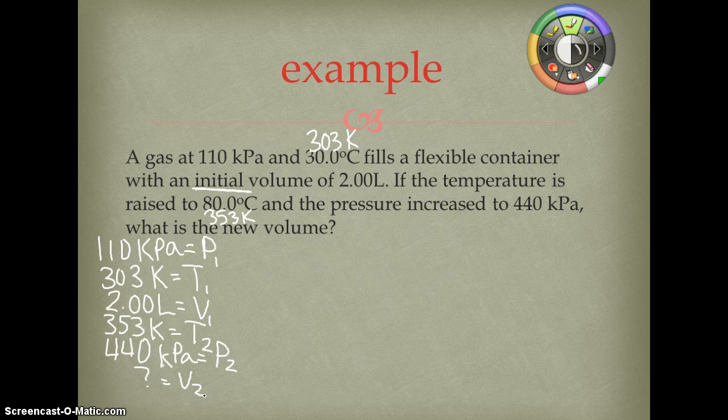So now we can write our original equation. P1 V1 over T1 equals P2 V2 over T2. And we are solving for V2 here, so we need to get that by itself. So you can multiply out the T2 to get rid of it.